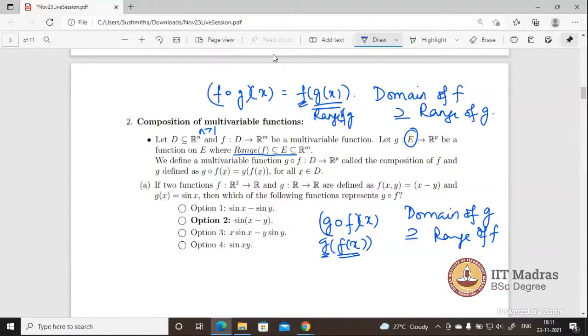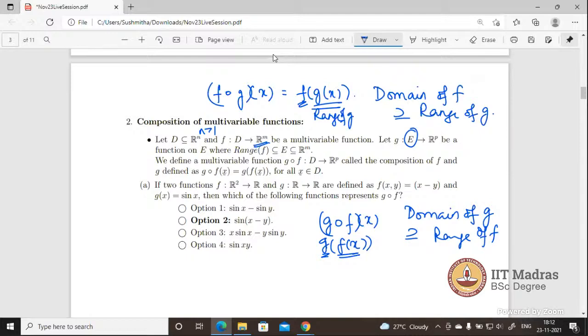And why is this E to be contained in Rm? This part is clear. Why should E be contained in Rm? What is range of f contained in? No, Rm.